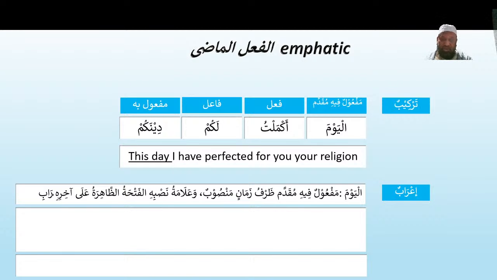Remember, we need to mention what type of ظرف it is, because there are two types: ظرف زمان and ظرف مكان. You need to identify which one. So here ظرف الزمان and مفعول فيه always منصوب وعلامة نصبه الفتحة الظاهرة على آخره.